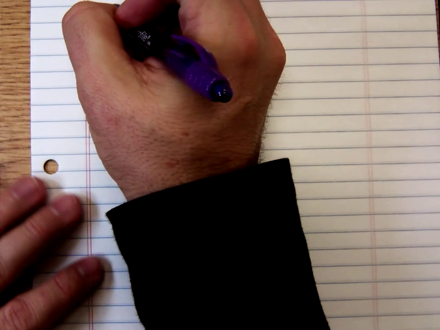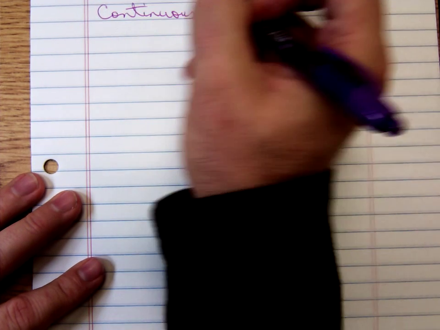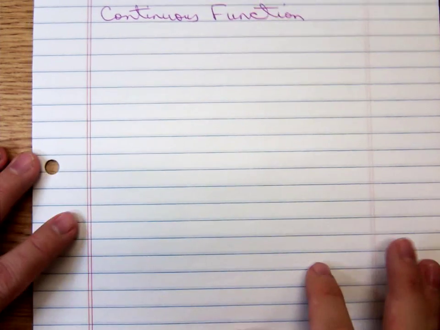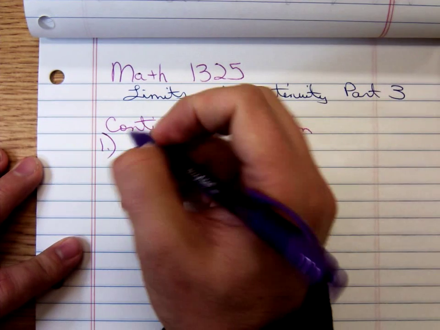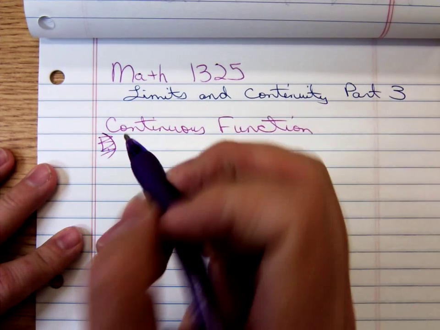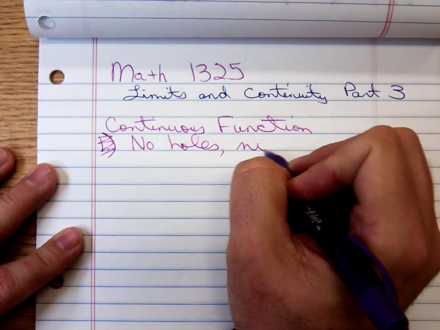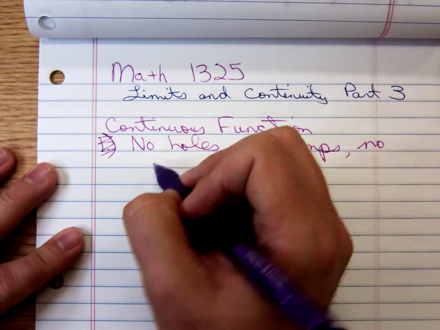And let's see what else we have. Continuity. A continuous function is one that has, I'll say, no holes, no jumps, no vertical asymptotes.